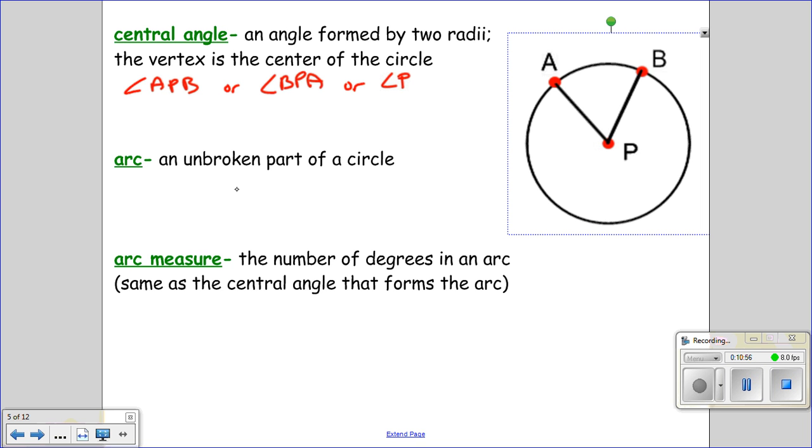If the vertex is shared by another angle, then you must name it with three letters. But for this example, it's not shared by anything else at this time. So again, we can simply say it's angle P.